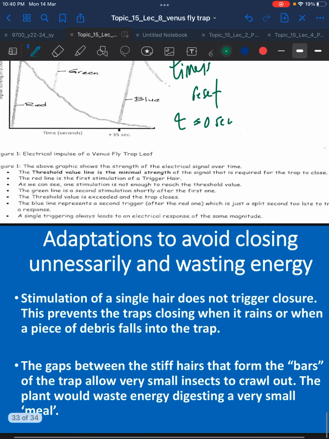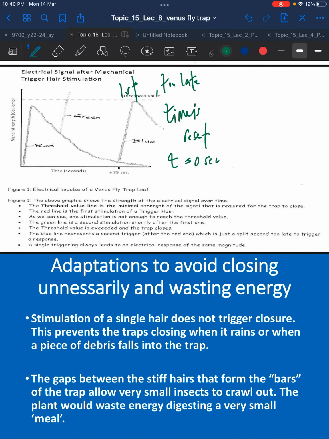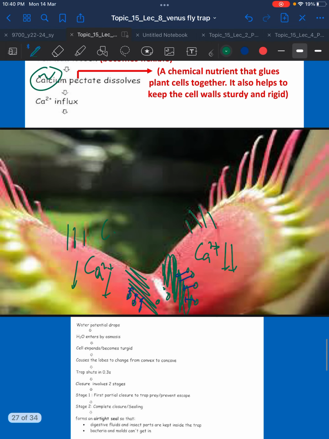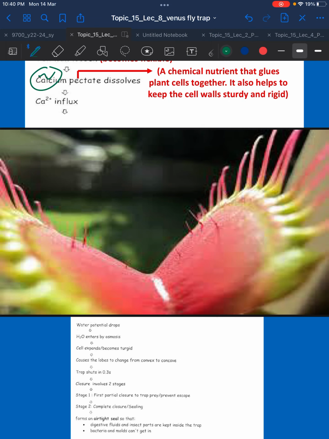All right. What are the adaptations? This is covered already in the video. The adaptation of the Venus flytrap is that it requires a second hair to be deflected. If you watch the video, this hair is susceptible.